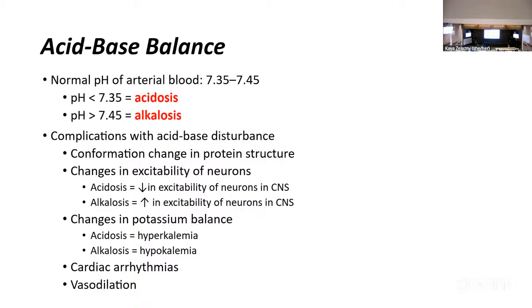Part of why this is a death-level problem is the effect on the central nervous system, which is your brain and spinal cord. If you're in acidosis, you depress the central nervous system to the point that your brain can't function, can't make you breathe, can't make your heart beat, can't do any of the things it should be doing.